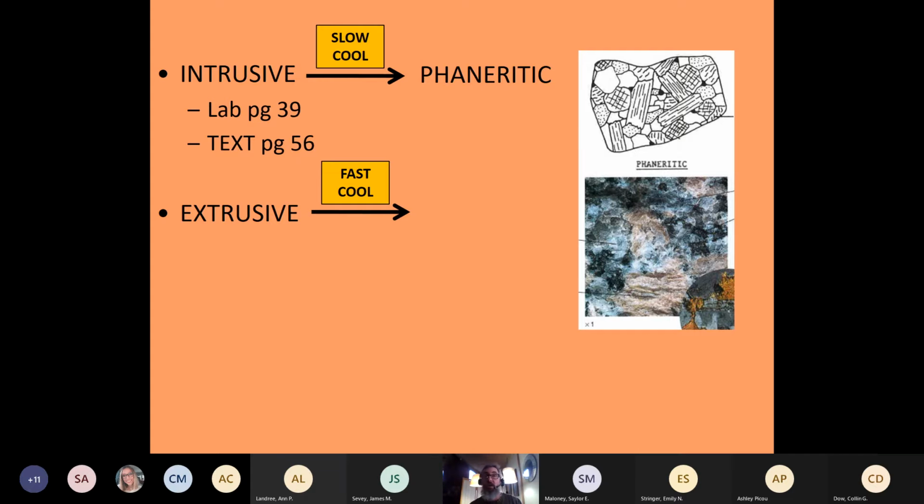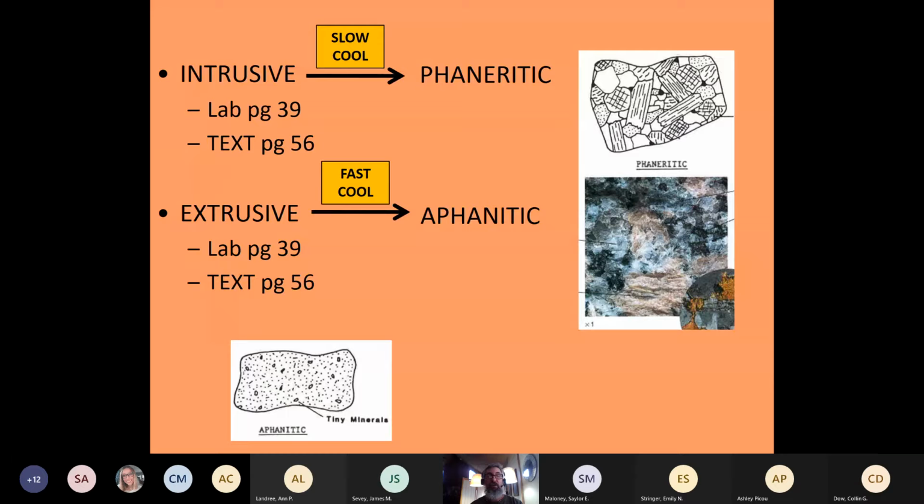So extrusive rocks have a fine grained or small grained texture. And our name for that is aphanitic. That's short for aphaneritic, which a lot of times in science, if you put the letter A at the front of a word, it means non. And that's exactly what they're saying. They're simply saying that this is non-phaneritic, or aphanitic. Fine grained, like an illustration in your lab book, page 39, or in your textbook, page 56.